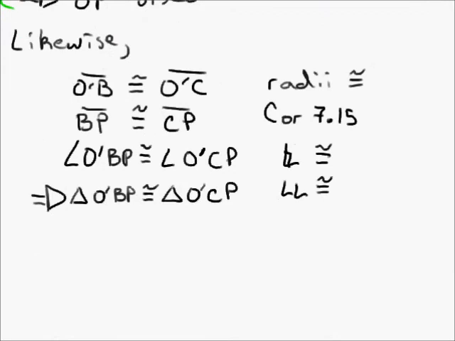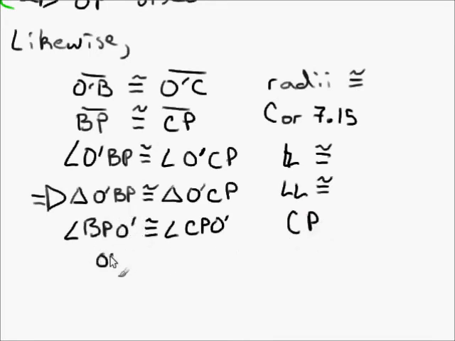Go ahead and we'll write that out. Angle BPO prime is congruent to angle CPO prime by corresponding parts of congruent triangles, which means that O prime P bisects angle BPC.